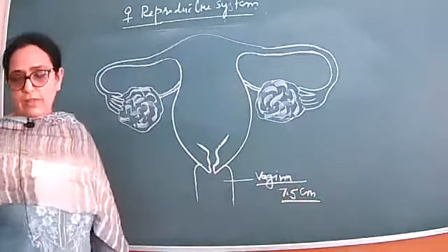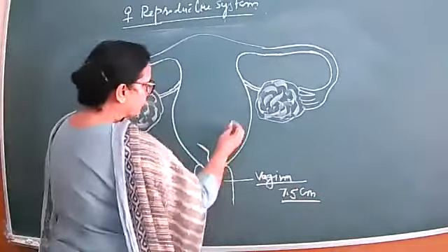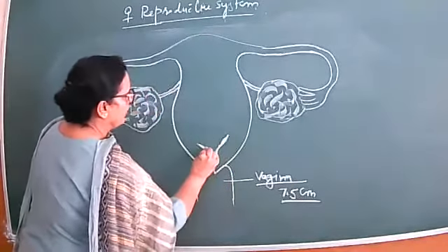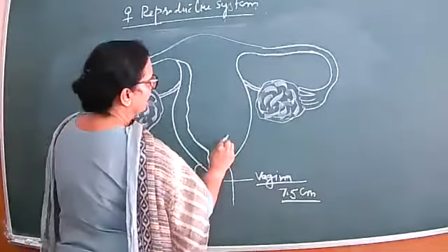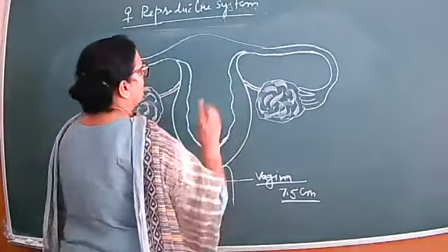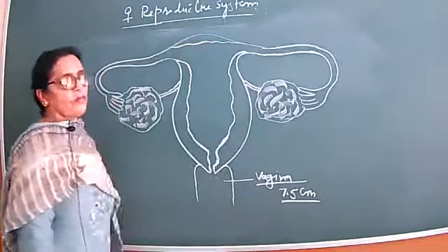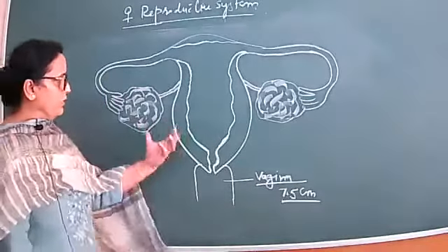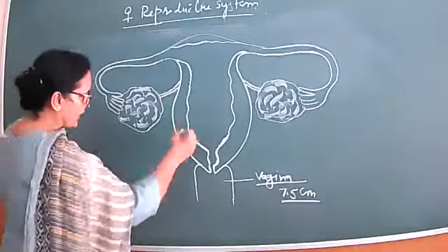This duct is also known as the birth tube. Internally, the uterus is a highly muscular portion, because it is to bear the weight of the developing fetus inside, so it should provide strength. That is why it is highly muscular.